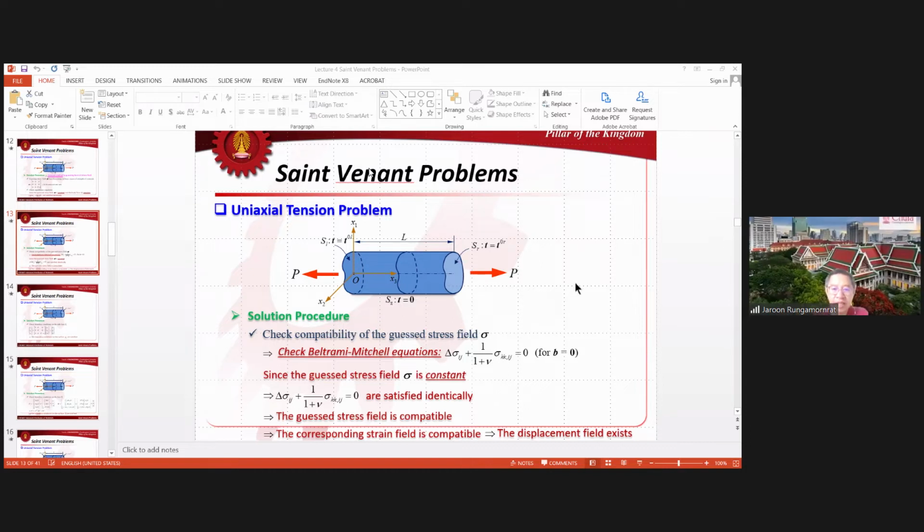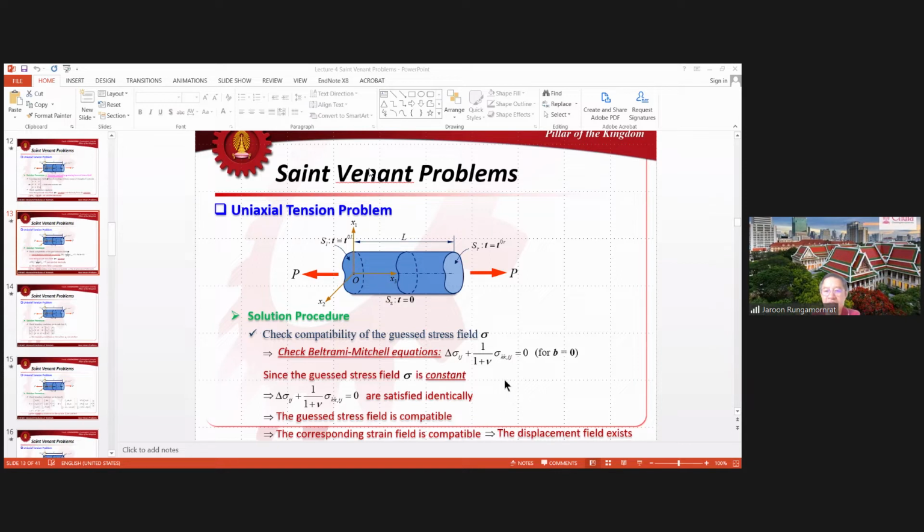Sorry. Okay. We already checked the Beltrami-Mitchell equation for this particular case, because stress is constant. So the Laplacian of sigma ij and sigma kk comma ij vanish, right? Because stress is independent of x. Is that clear? So now we can say that the stress field that we guess is compatible, and that will generate strain field that is compatible.